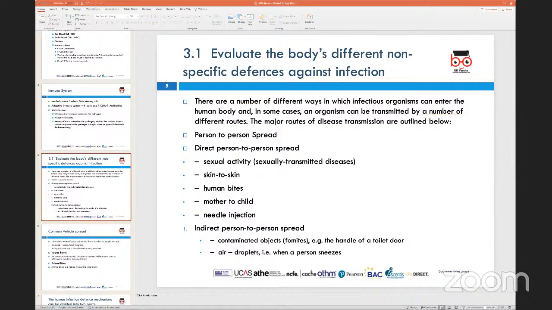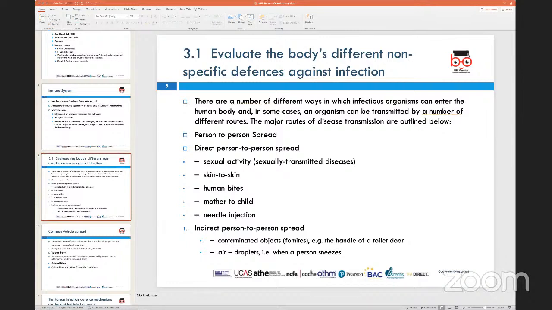Now that we know what non-specific defense mechanisms are, the barriers that prevent infection in the human body, we need to understand how pathogens then transmit disease from one host to another. Transmission of disease means that it travels from one person to another.